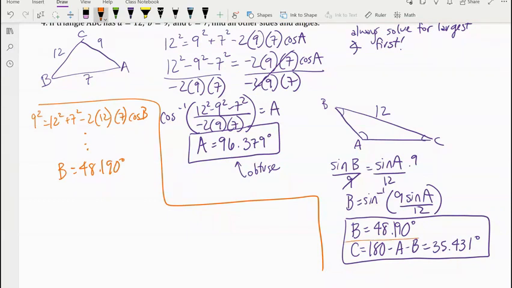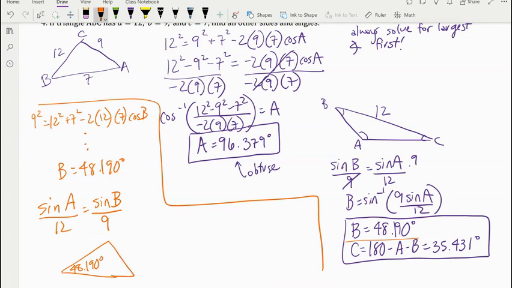But then if I were to set this up as sine of A over 12 is equal to sine of B over 9, this is what would happen. I would end up with an A that is not actually the A, because when I set it up this way, B is 48.190 degrees.